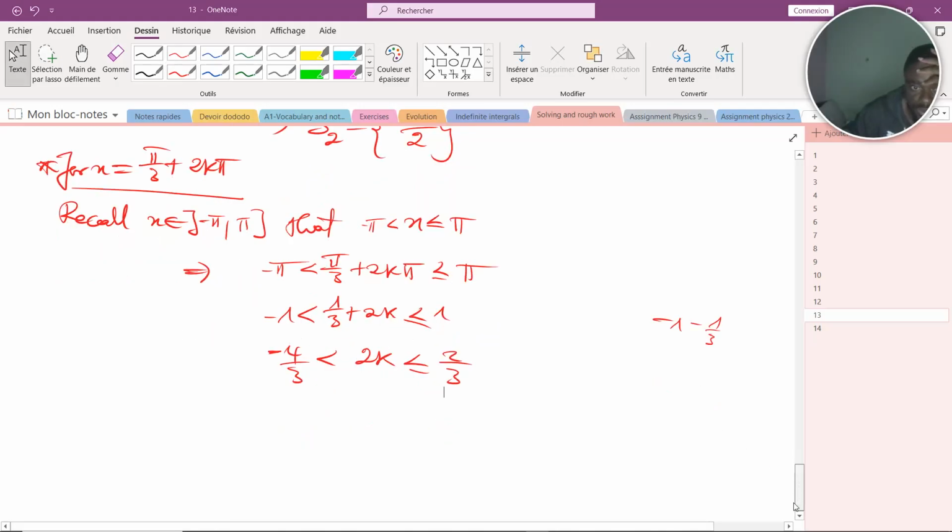Perfect. So this implies k will be strictly greater than minus 4 on 3.